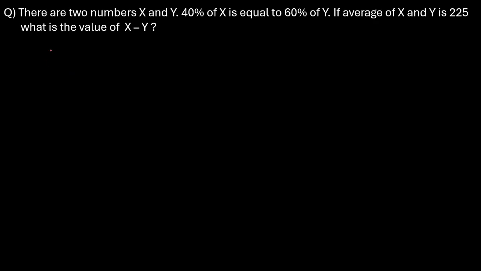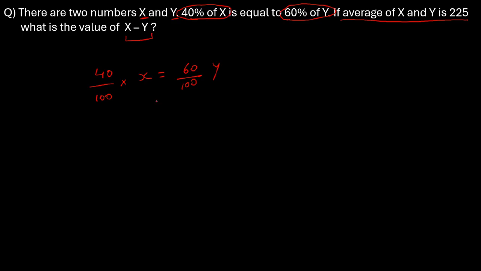So the next question is, here we are given two numbers x and y. 40% of x is equal to 60% of y. If the average of x and y is 225, what is the value of x minus y? Okay guys, it is given that 40% of x is equal to 60% of y.